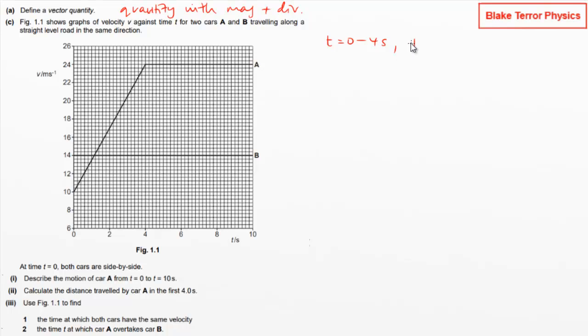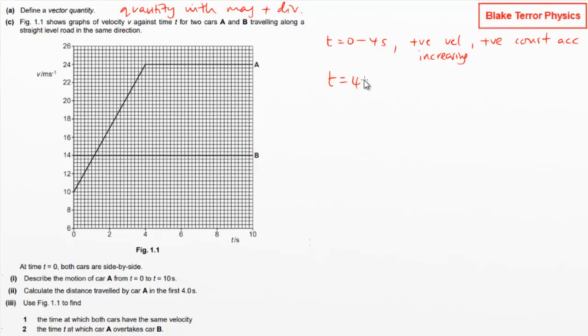We can say it's got positive velocity, positive constant acceleration. So this is a positive increasing velocity, might be a better way of putting it, because we've got this constant acceleration.